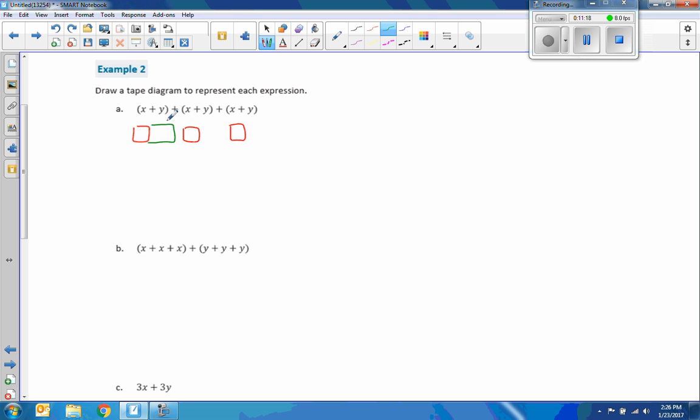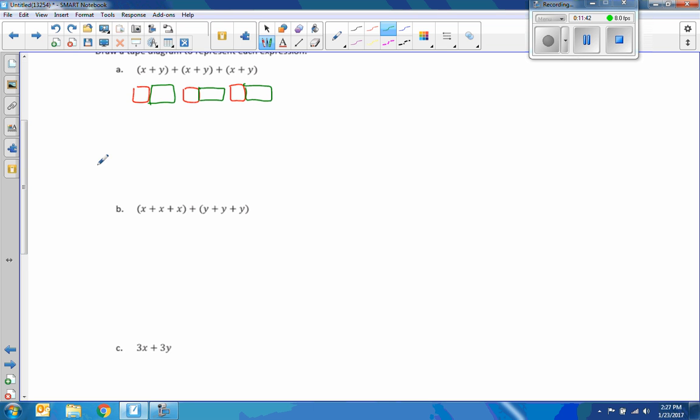So let's make Y a rectangle. So all the green rectangles are equal. So I have an X plus a Y, an X plus a Y, an X plus a Y. So there is a diagram to represent that expression. It's not asking to solve, it's not asking to combine, it's just saying represent.